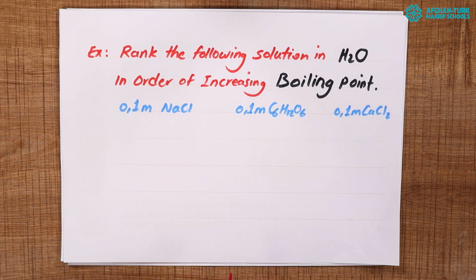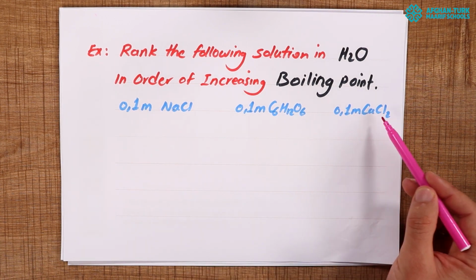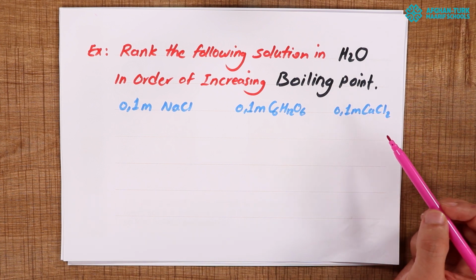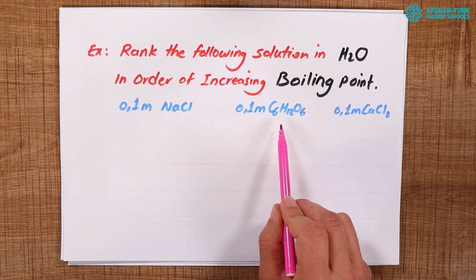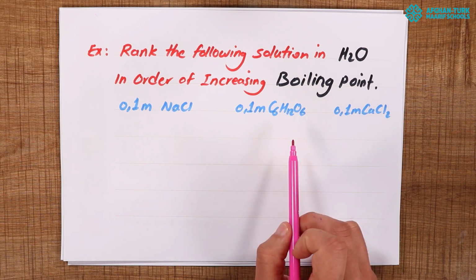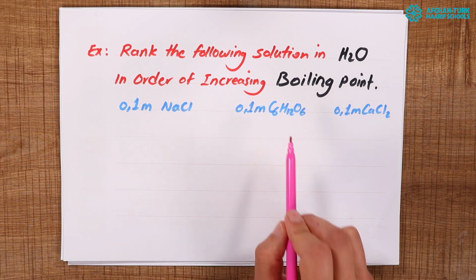As I told you, ionic compounds split or dissociate into ions when they dissolve, forming more particles. For example, sodium chloride and calcium chloride are ionic compounds, which means they have ionic bonds. But glucose, as you see here, is a covalent compound and stays as complete molecules when it dissolves.